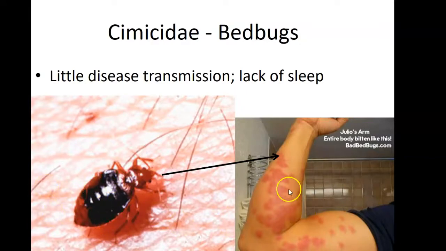Apparently, when these little guys come in and feed on you at night, they put in something like a mild sedative, so you don't feel the bite. And then, unfortunately, later on it becomes itchy, and it can actually cause problems for the person.